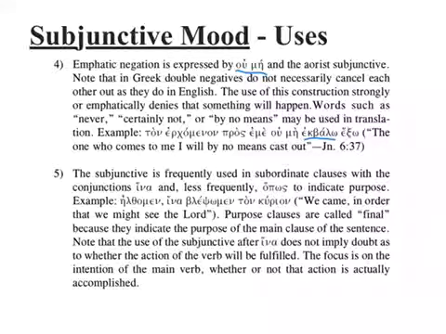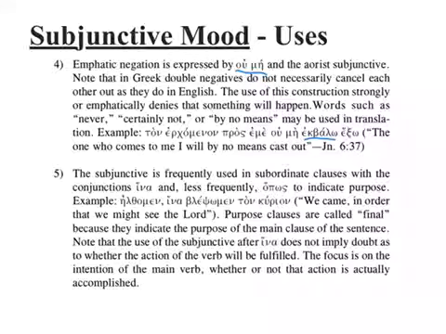So yeah, the 5th one, the subjunctive is frequently used in subordinate clauses in conjunction with the conjunction hina, which is in order that. Less frequently hopōs, which is like so that or that. And this is just to indicate purpose.